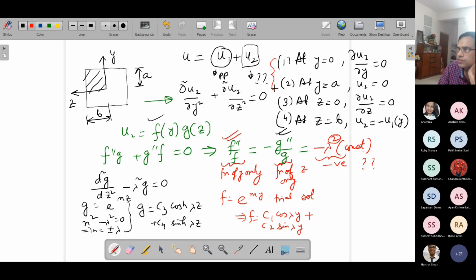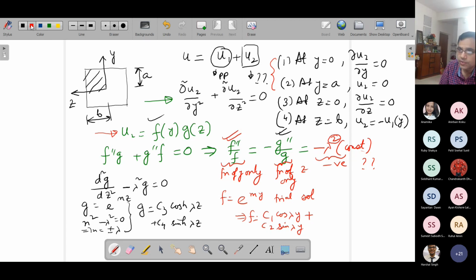If you see, it will come from at y equal to 0. If you say the second derivative of this is equal to 0, that means d2f dy2 is equal to 0.